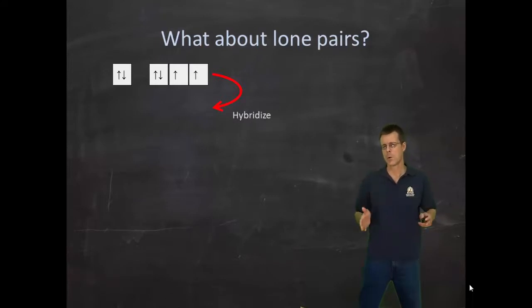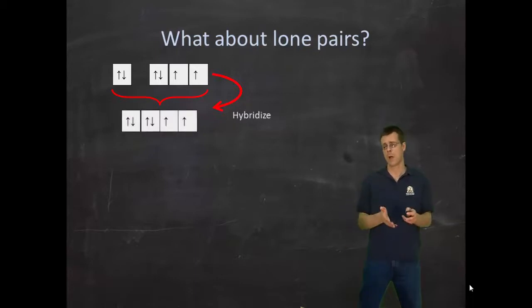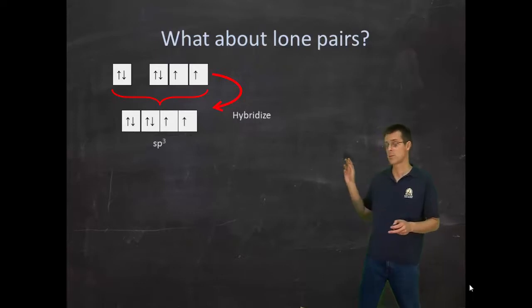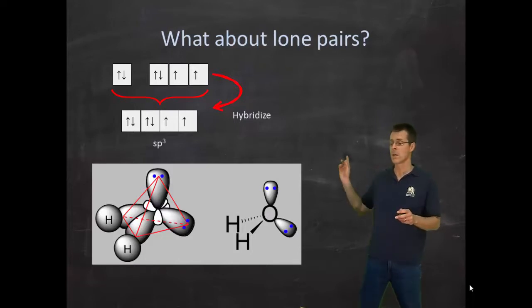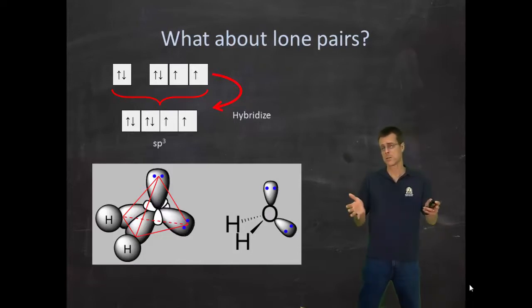I don't need to promote anymore, but I will hybridize. If I hybridize these 4 orbitals and end up with my sp3 hybrid orbitals again, then what I have is 2 lone pairs and 2 single electrons. And if you think about the Lewis diagram of water, it's going to look something like this, where I've got 2 lone pairs and spots for 2 single bonds.